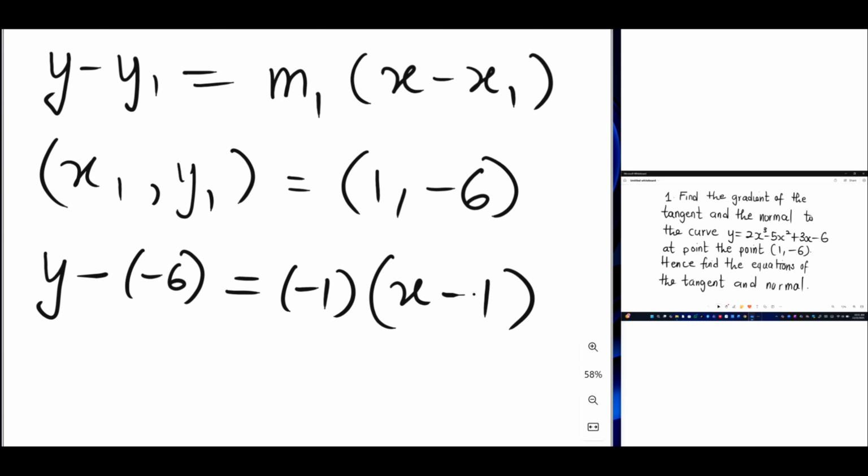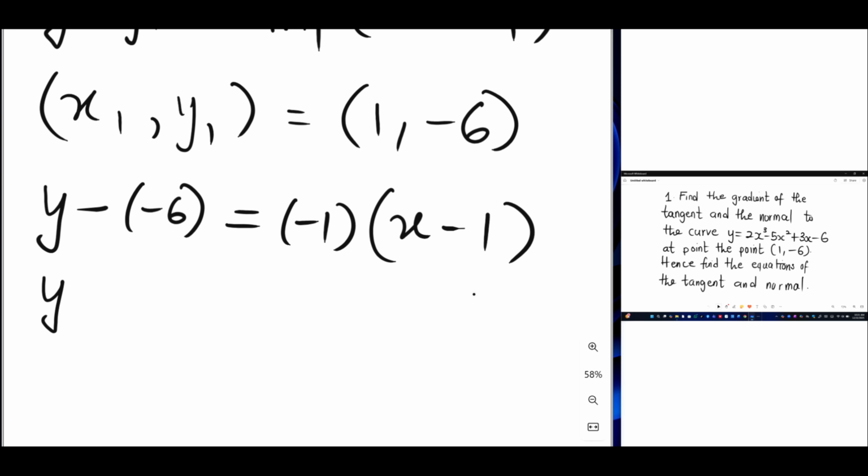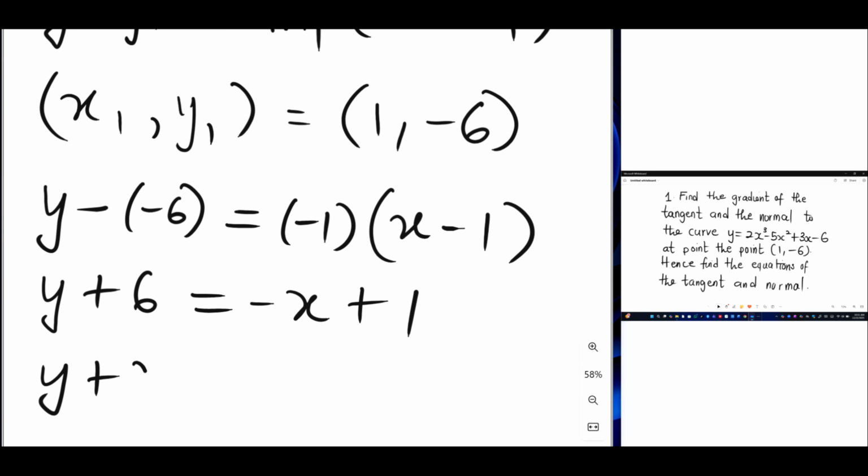So we are going to get y minus negative 6, which is y plus 6, all equal to negative 1 times the bracket x minus 1. Expanding, negative 1 times x gives us negative x, and negative 1 times negative 1 gives us positive 1. We transpose the x to the left hand side, so it becomes positive: y plus x plus 6.